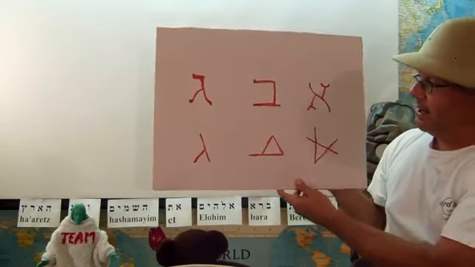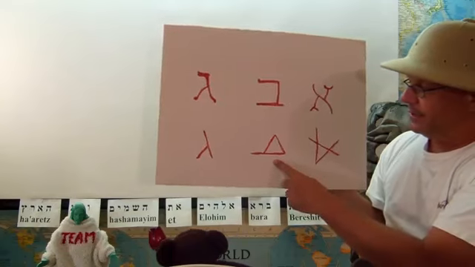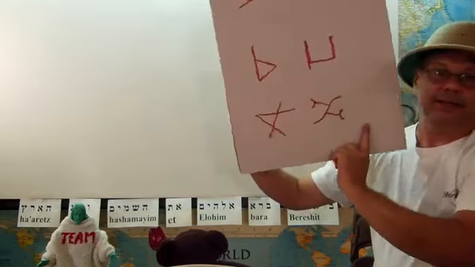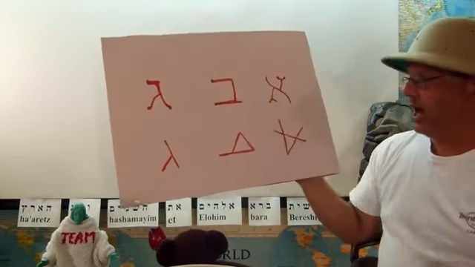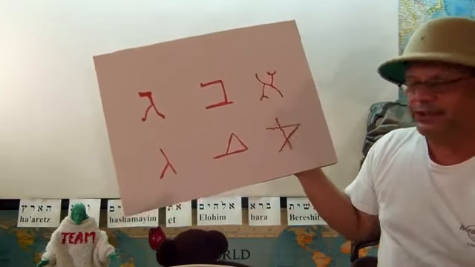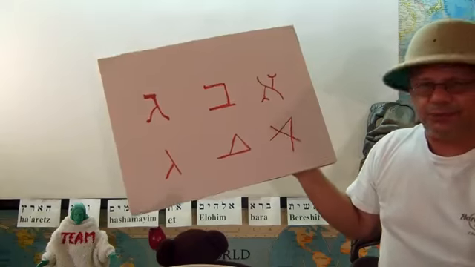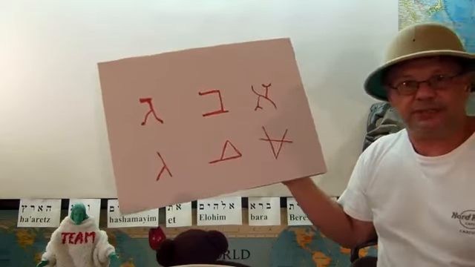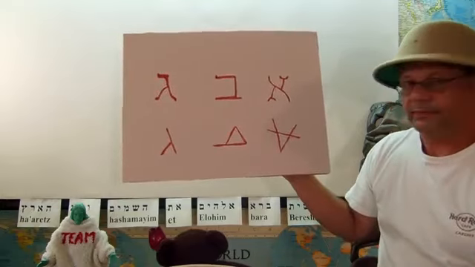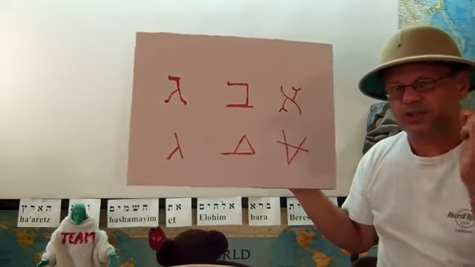But you can see, like on the bet, if we spin this, that's where we get our letter B, right? And the same with the Aleph. If you spin that in your head, you can see that it would be the letter A. But it's originally just the head of an ox, and it represents strength.